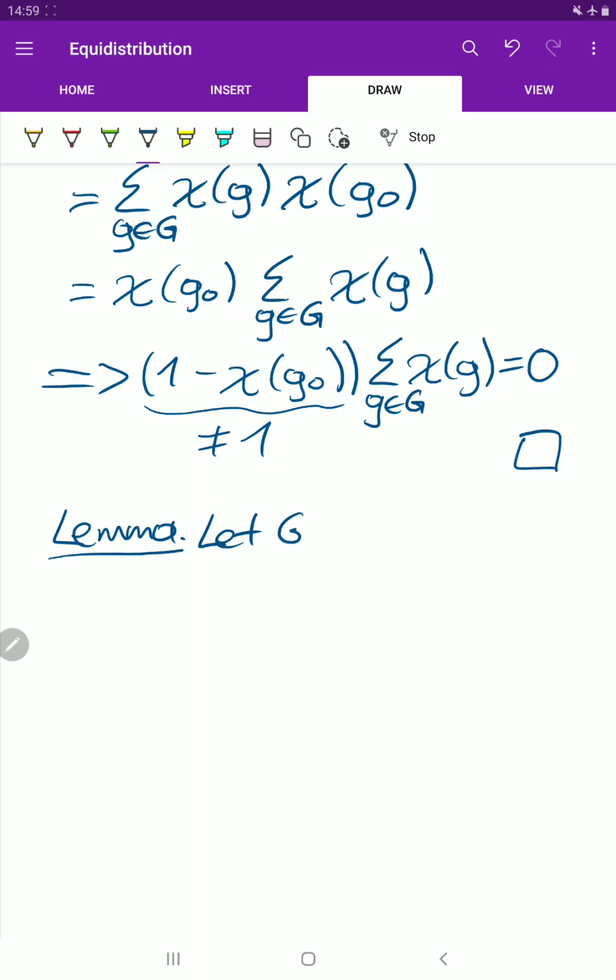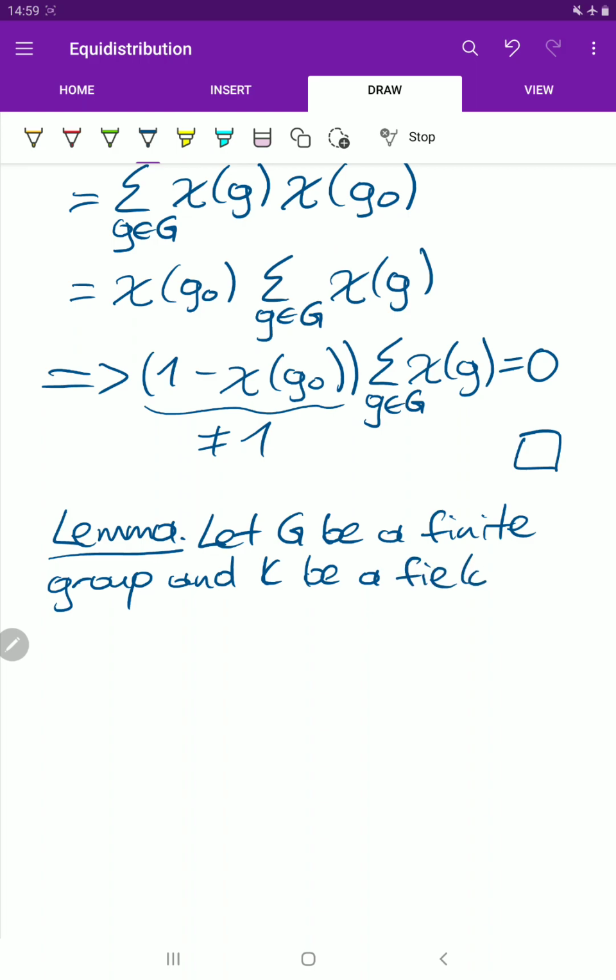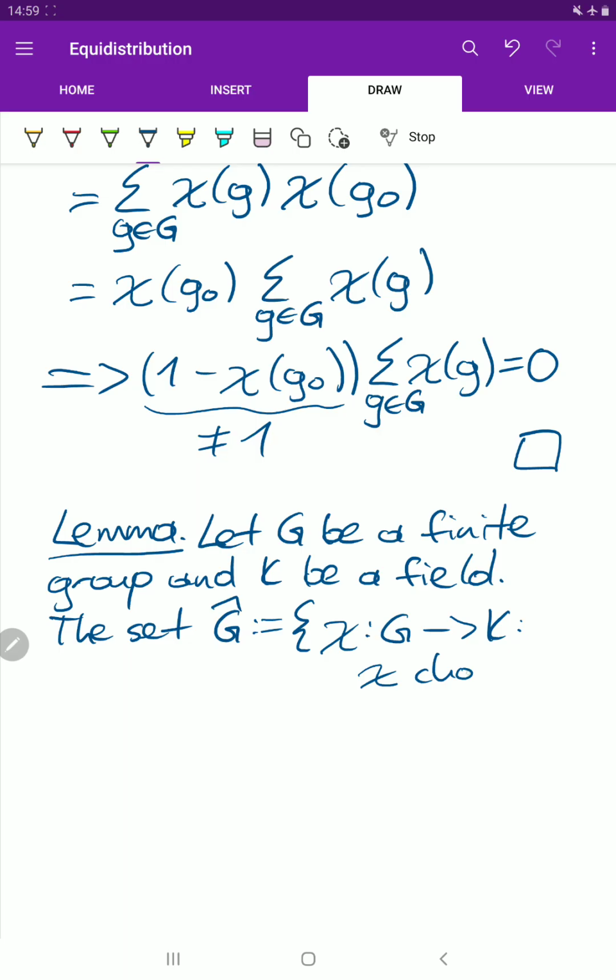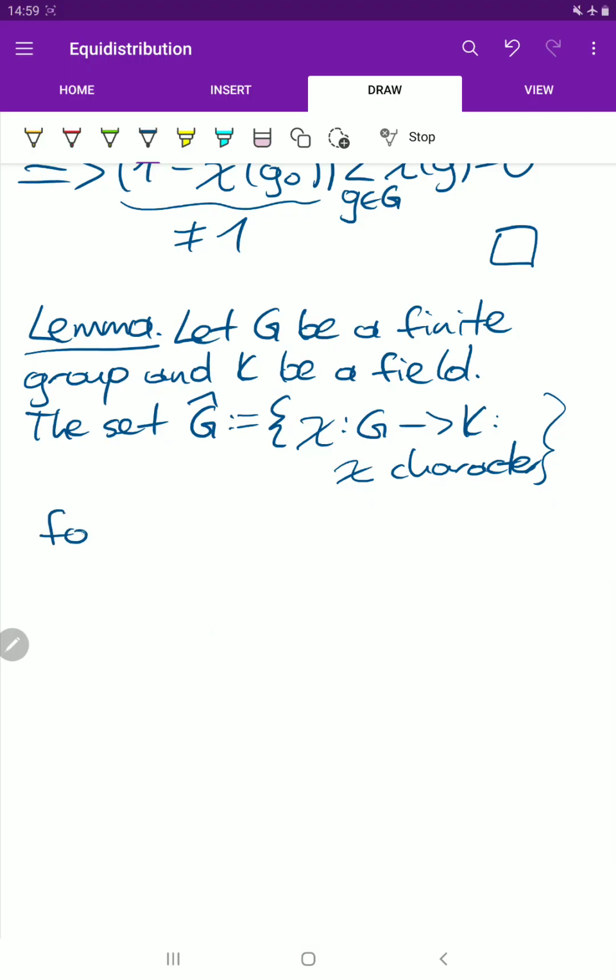So let's again take G be a finite group, and again K a field, and then the claim is the set which we denote by G hat, which is just the set of characters from G to K, so chi is a character. This set forms a group.